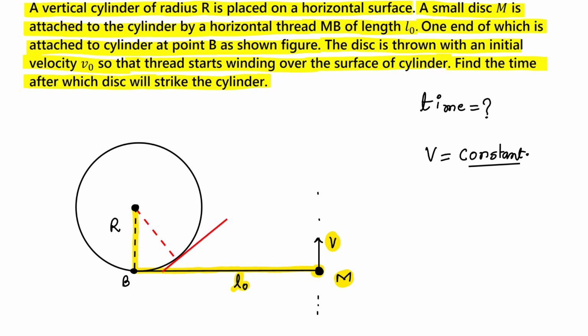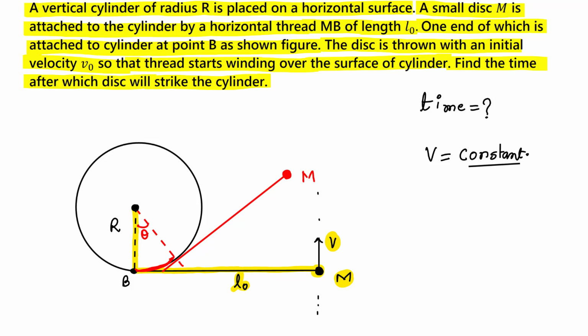So here is the mass, this is mass m, and let's say this angle is theta. So what will be this length, the curved length? This will be r theta.